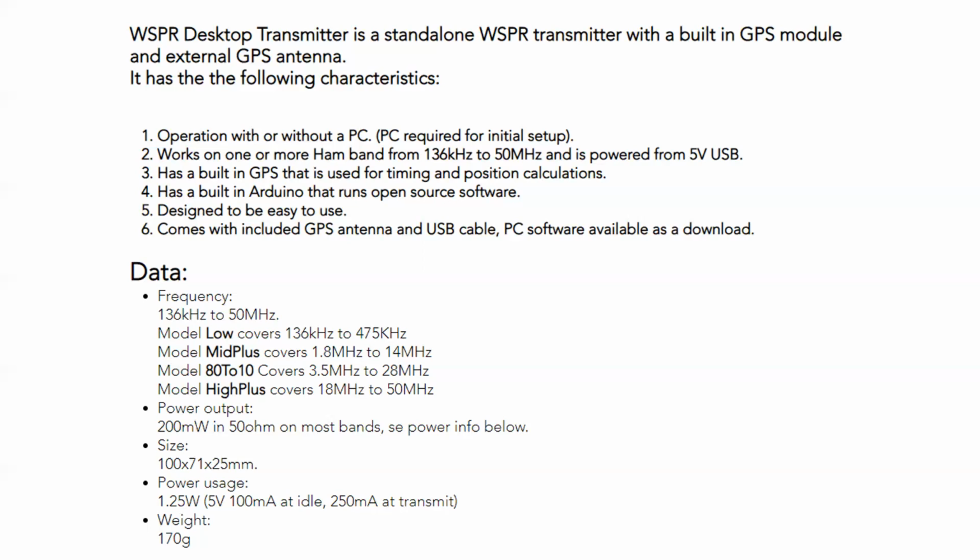One really cool feature is that it includes a GPS antenna, and the timing is derived from GPS. So it knows when to start the beacon sequence, which is on every other even minute.